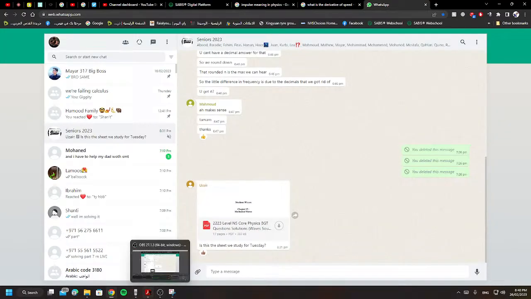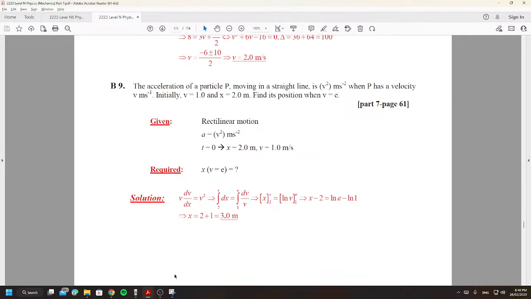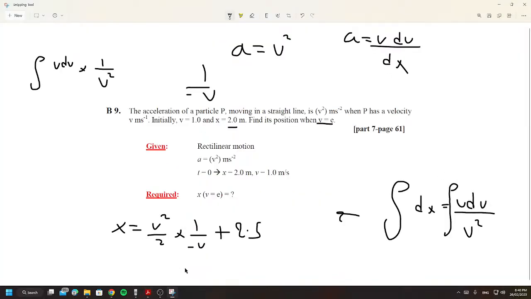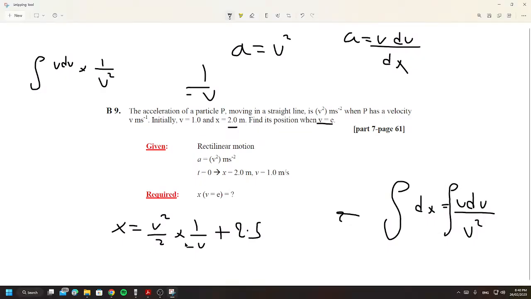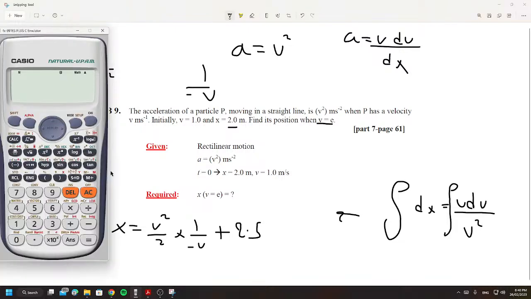What did they get? They got 3. How did they get 3? They're using a different method, so it's fine for me. How long is this going on for? Okay, an hour and 33. Yeah, I didn't get the right value for c.